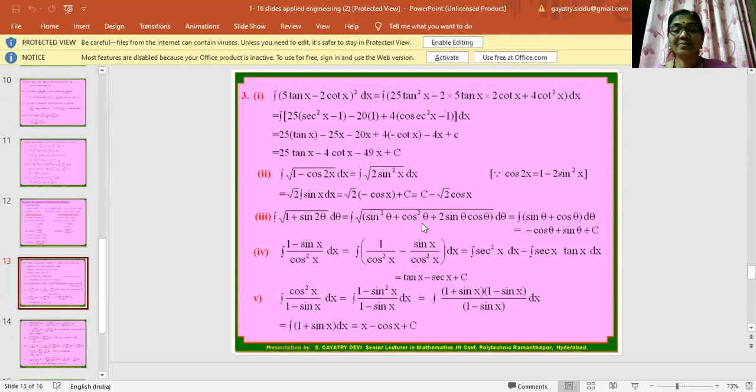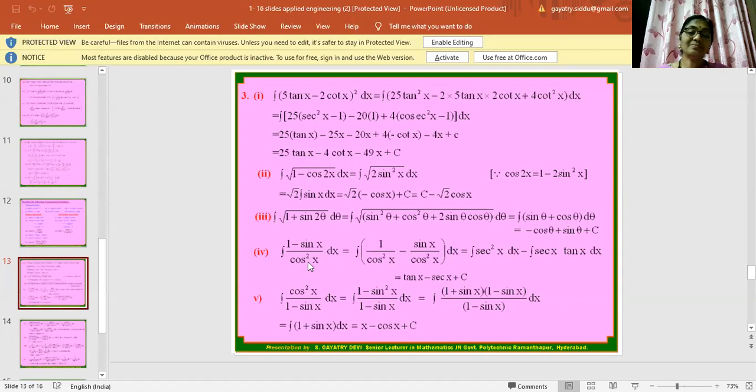This is also a fundamental rule. So 1 is taken as sin square theta plus cos square theta, and the sin 2 theta formula is 2 sin theta into cos theta, which is the a square plus b square plus 2ab form. So a plus b whole square. Because of the root, the whole square will cancel and we get integral of sin theta plus cos theta d theta. That is equal to minus cos theta plus sin theta plus c.